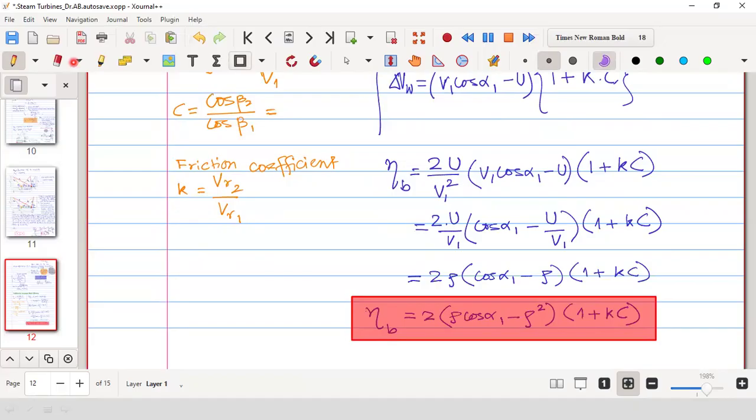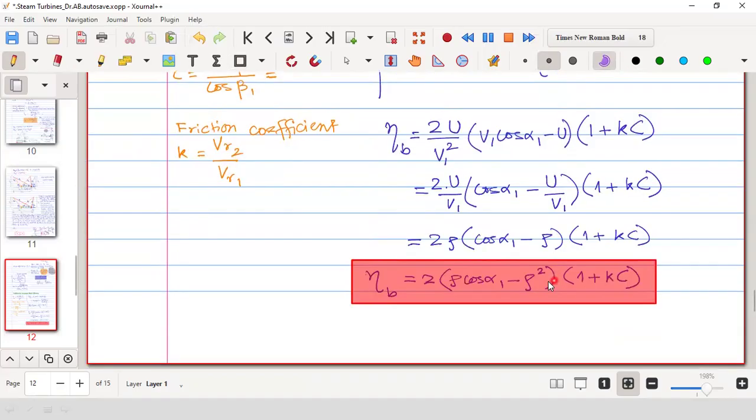Next, you see that for a particular blade, the friction coefficient is known, the blade angles are known, therefore the quantity C is also constant. That means 1 plus Kc is constant.